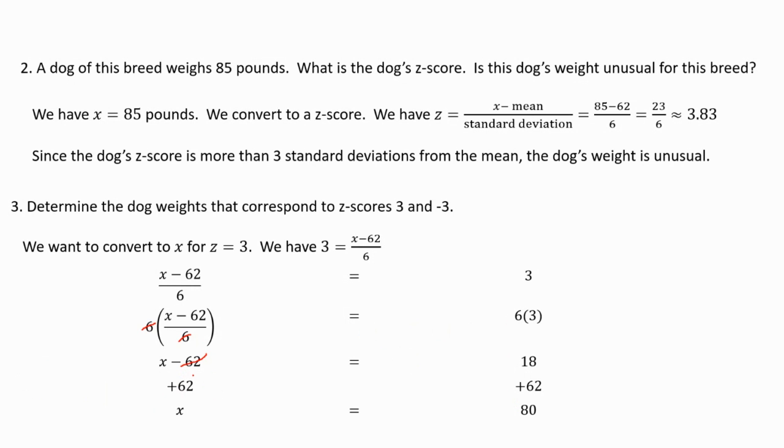These cancel, as you can see, and we get x equals 80. So 80 corresponds to a z-score of 3.